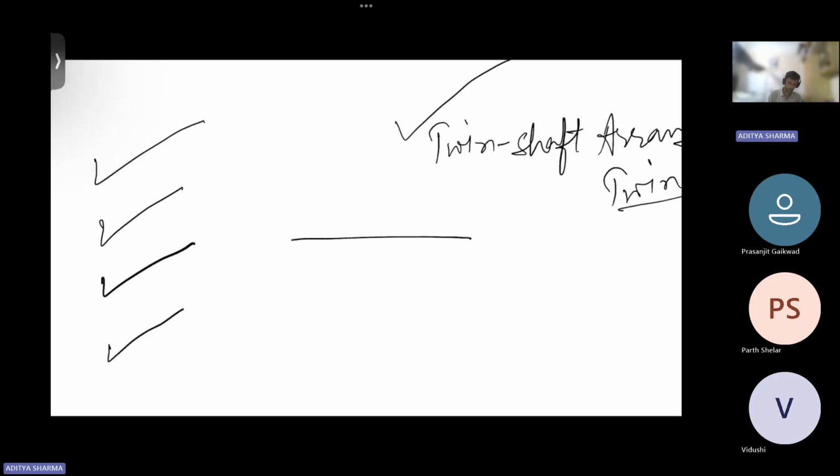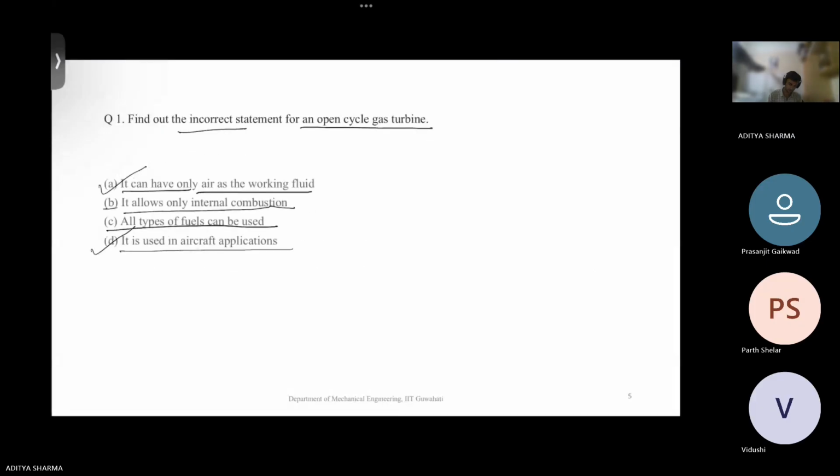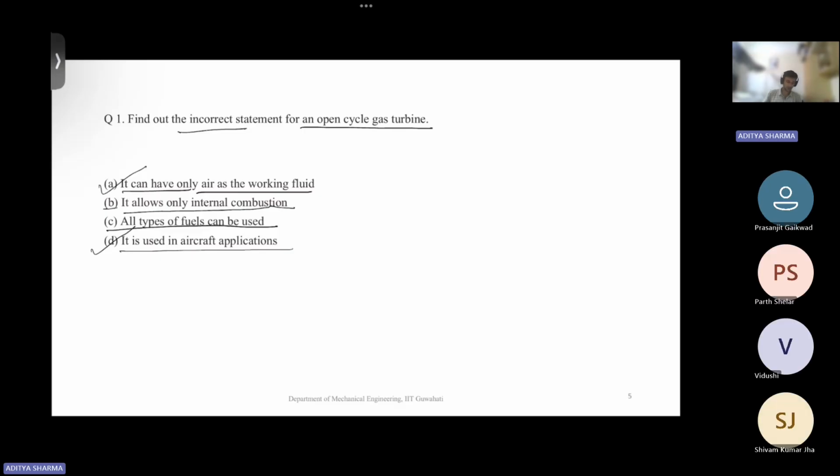So in that case, also if you see this C option, all types of fuels can be used. If you see the discussion in lecture 4, for the closed cycle gas turbine power plant, all types of fuels can be used, but I believe this is not for the open cycle gas turbine power plants.